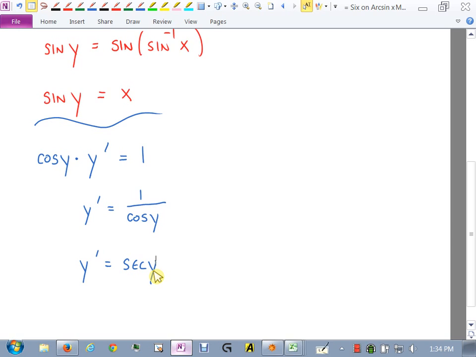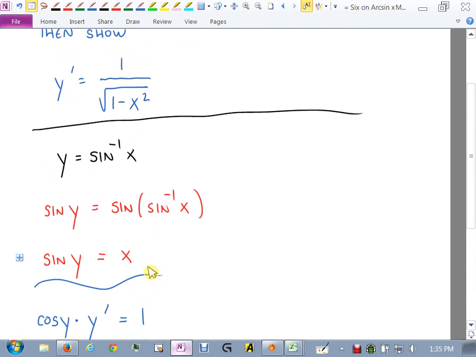So I'm about to show you something. You did it in pre-cal. I hope your instructor stressed it to you. These things called reference triangles, where you draw a reference triangle, a right triangle, and you create these relationships between the sides. I'm about to do that, and it comes up again in Cal 2 quite a bit. So I just need to figure out what secant of y is.